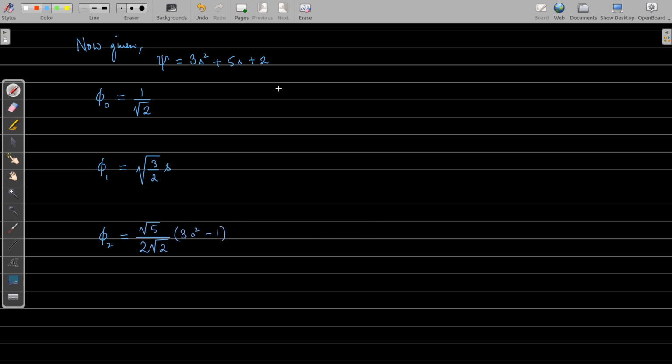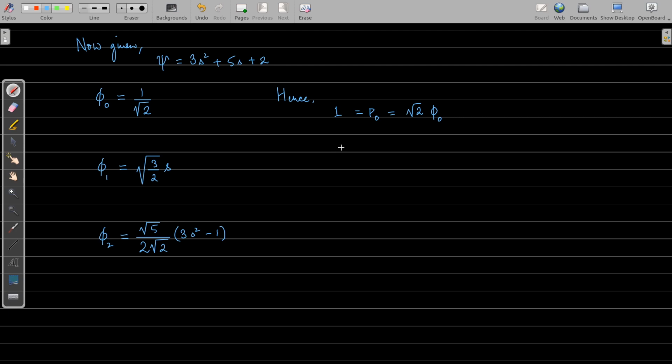Okay, so hence we can write 1. What is 1? 1 is nothing but your P0. 1 can be written as root 2 times phi 0. You just take the root 2 this side, so this side we get 1.